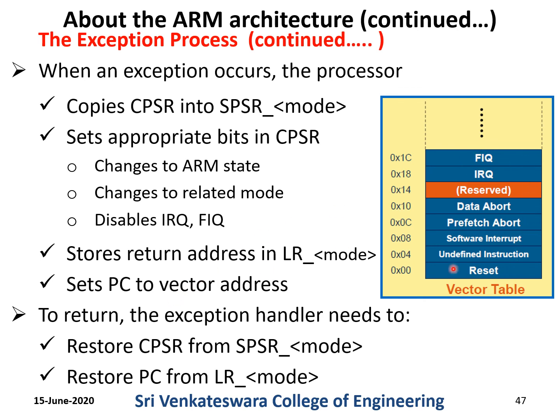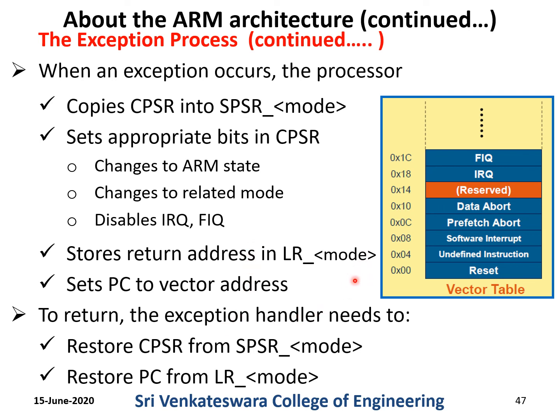And also in the vector table we can see that the location starting with the address 0x14 is not filled with any vector address. These 32 bits, that is the consecutive 4 bytes of locations, are reserved in ARM architecture.